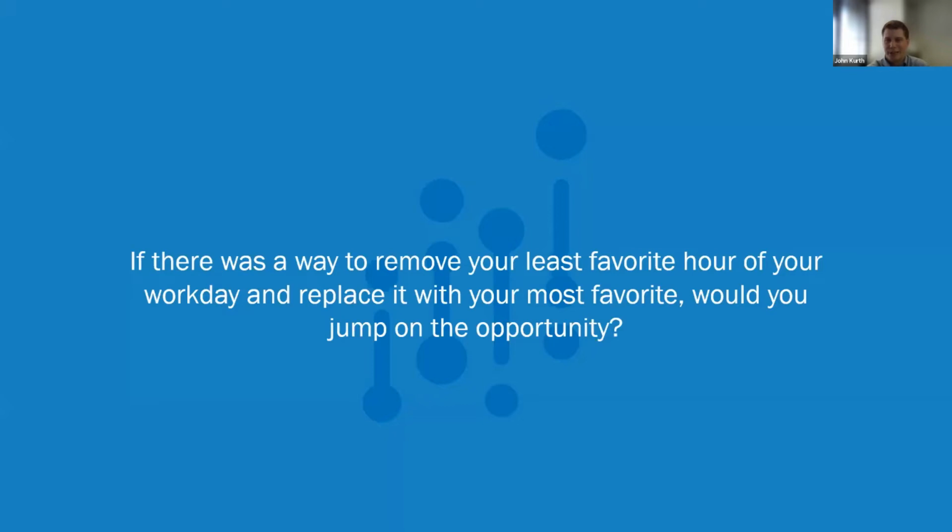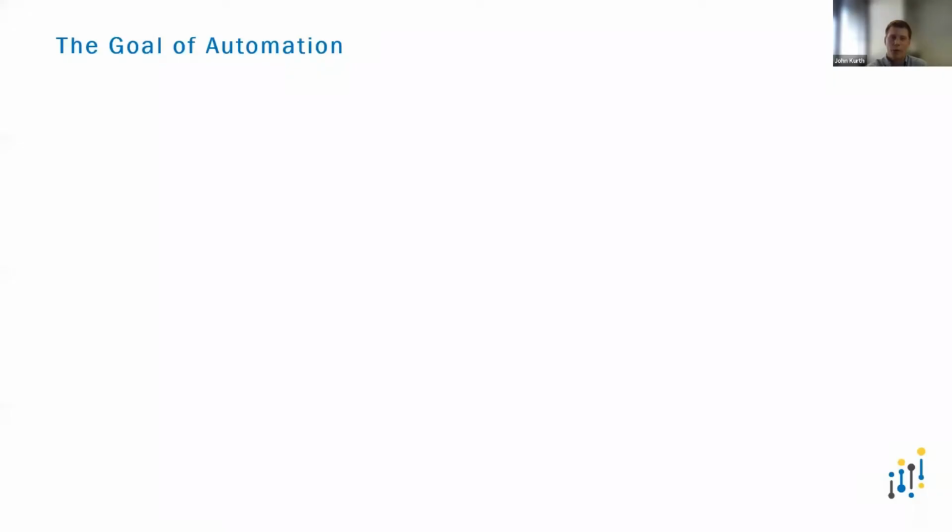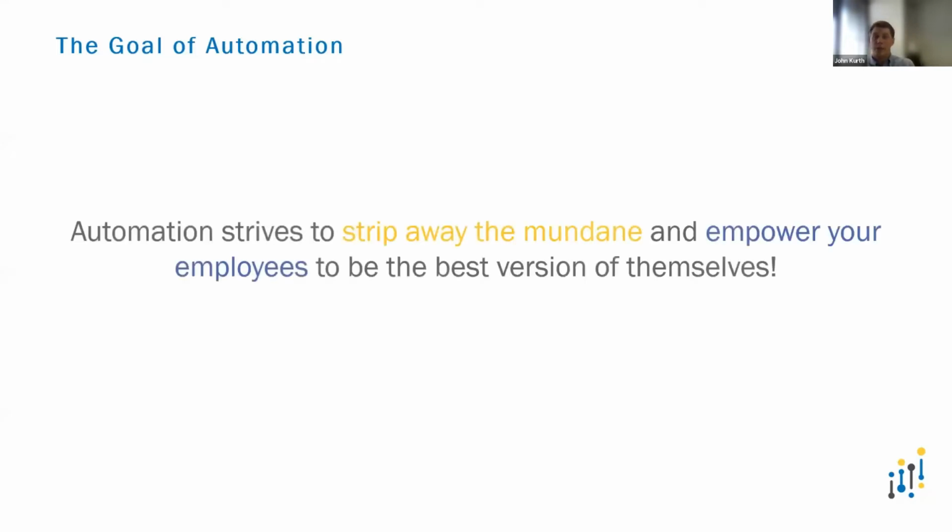this question. When you really start thinking about human nature and what we enjoy outside of work, we want to do the things that we find fulfilling and enjoying, and we tend to procrastinate or push off the things that we don't, those difficult conversations maybe as well.